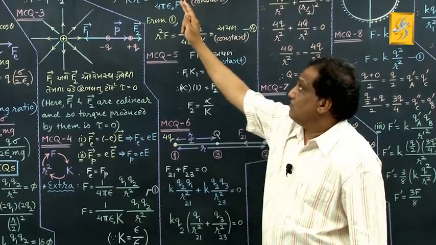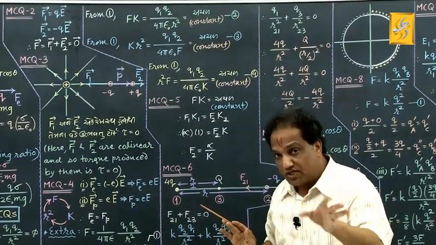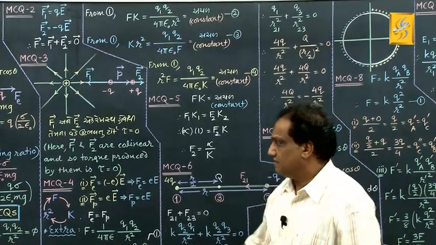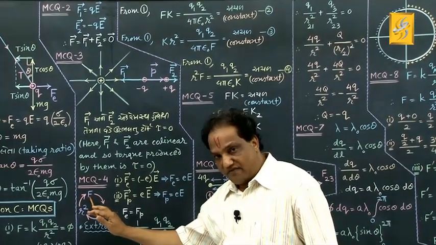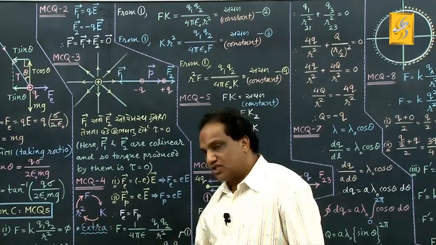Okay? And if you want to remember all these three results very easily, that too without any mistake, I am suggesting you remember one cyclic triangle this way. Look here. Suppose I am writing here F, here capital K, that is dielectric constant, and here R square.